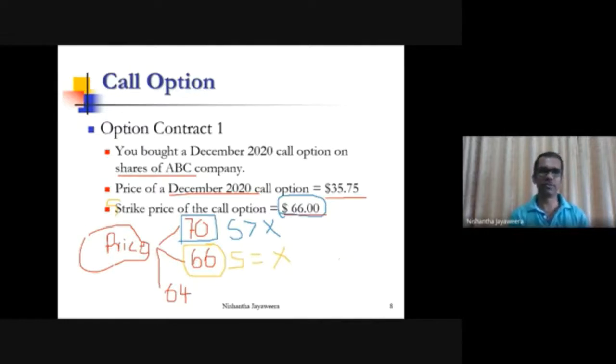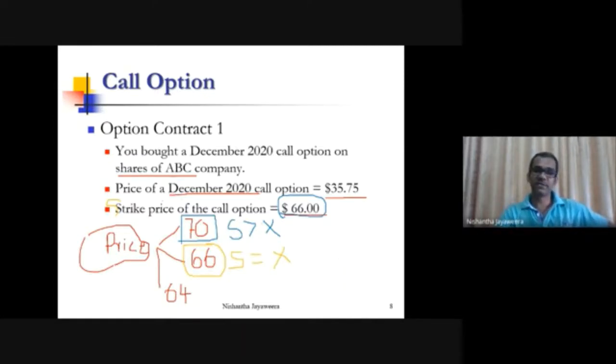Whether you go to the market and buy paying 66, or you go to the option seller and buy it, there's no difference. So you are in an indifferent situation here. Either way you can do that, or if you don't want to buy, you can do that as well. Not necessary that you have to buy.